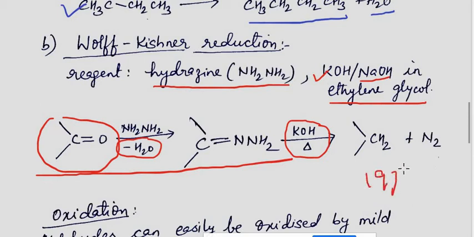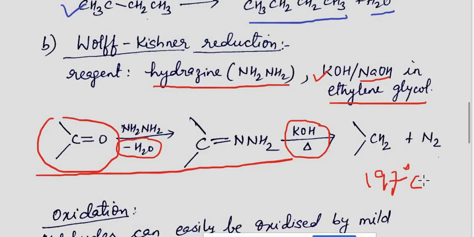So if a question comes, can we use water instead? No, we cannot use water instead because this reaction is carried out in presence of a high boiling liquid, which means a liquid that has a high boiling point. So ethylene glycol has a high boiling point.